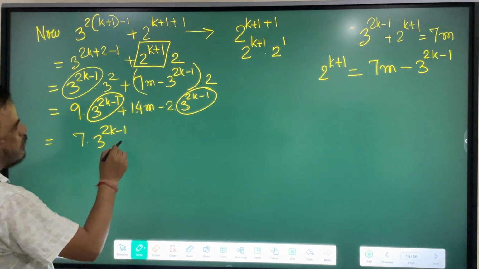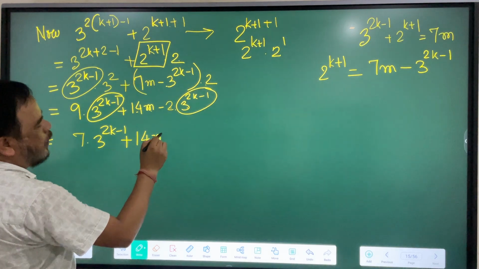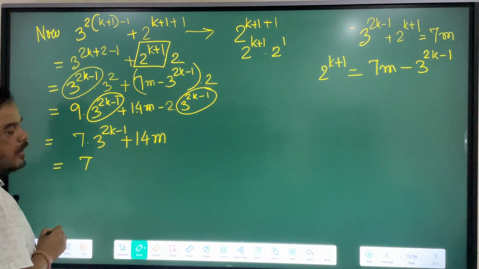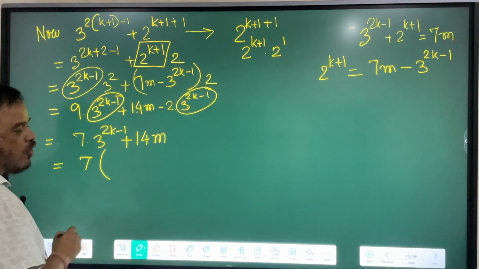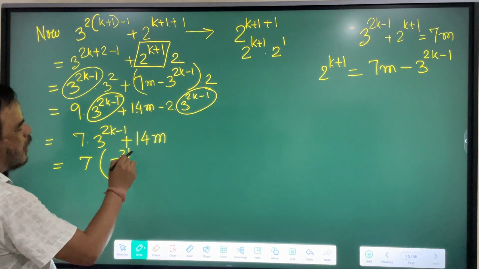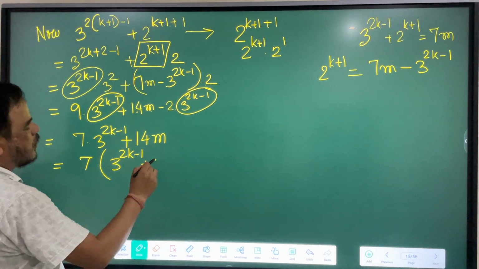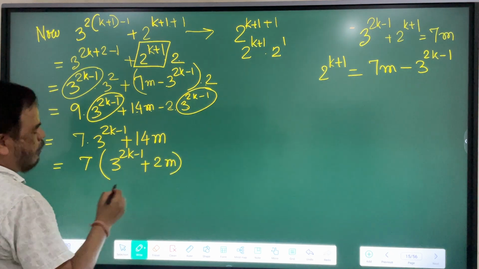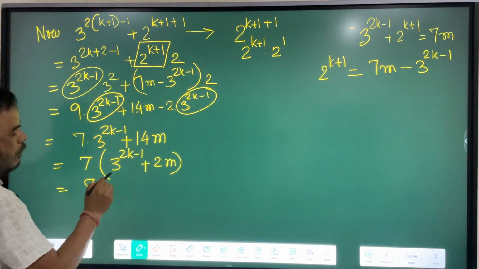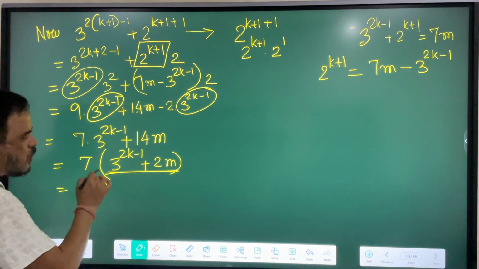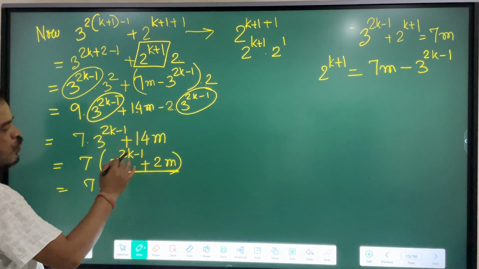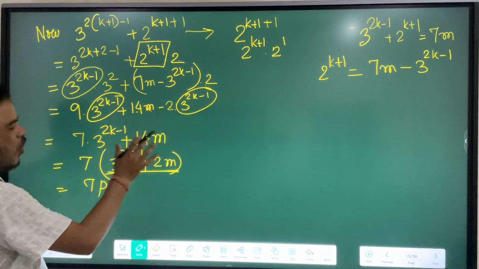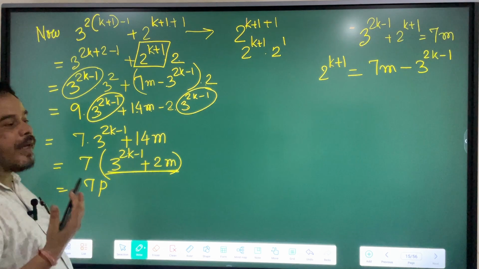So 7x plus 14m. What is our aim? We have to try to get 7 into something. So 7 common: 3 to the power 2k minus 1 plus 2m. So 7p. In place of this complex integer, there are 3, k and m, so altogether I have taken p, also an integer.